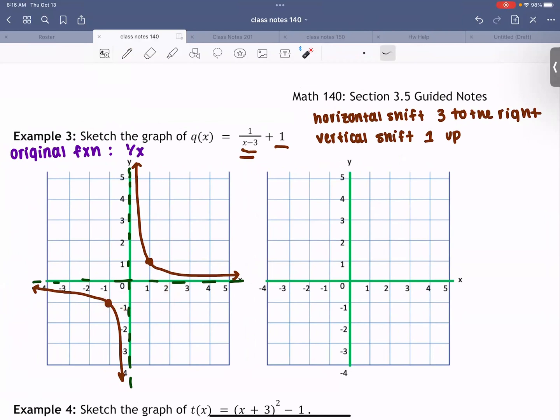So this point would go 1, 2, 3, right here. I can also move the 1, 1 point 3 to the right and 1 up. So it becomes 4, 2.